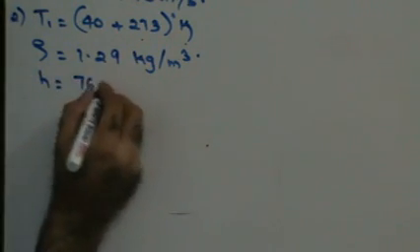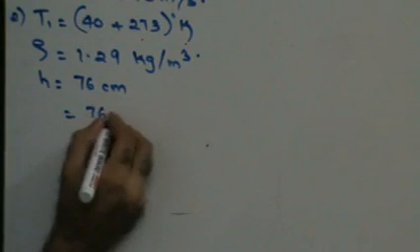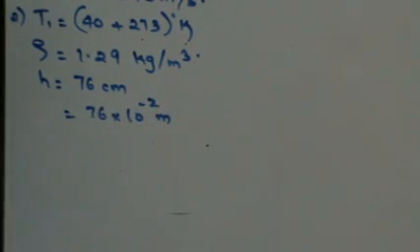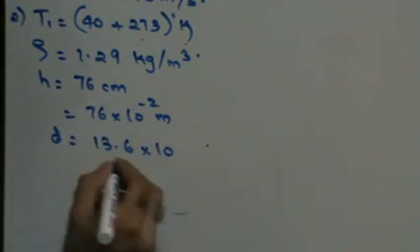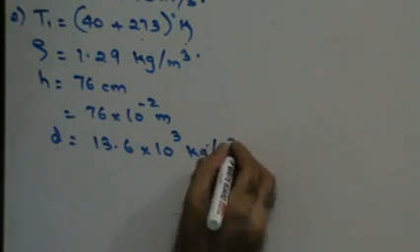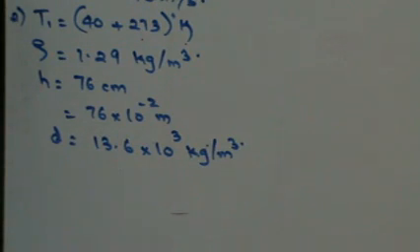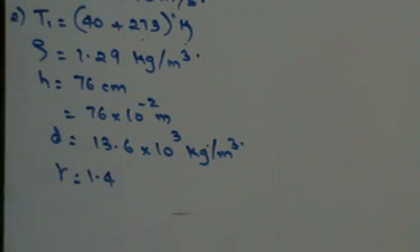Height is 76 centimeters. Density of mercury is 13.6 into 10 raised to 3 kgs per meter cube, and the ratio of specific heat is 1.4.